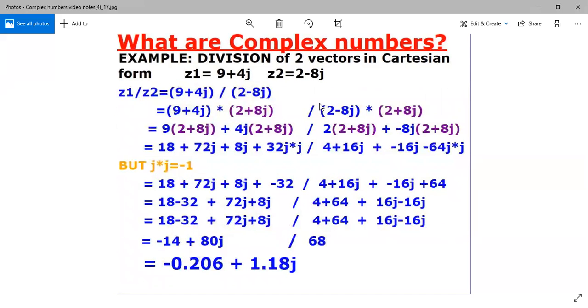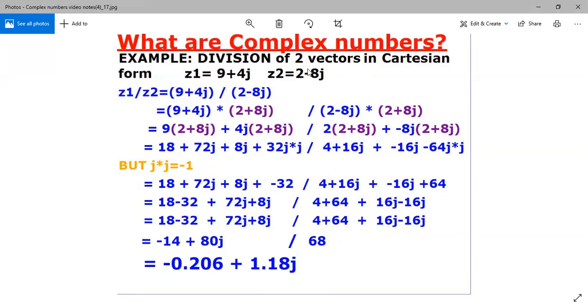We need the complex conjugate so that we get a whole number on the denominator. If you have a fraction, say it's 3 divided by 4, if you multiply both the top and the bottom by 2, you would get 6 over 8. 6 over 8 is still the same fraction as 3 divided by 4 if you divide it out.